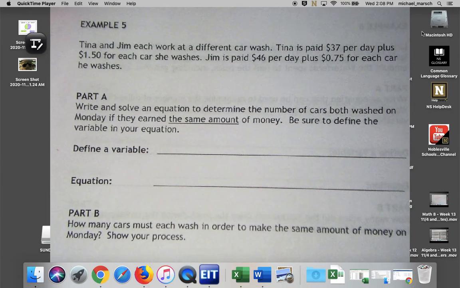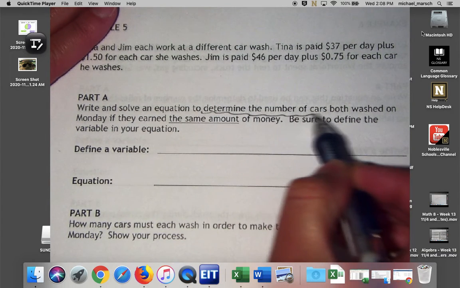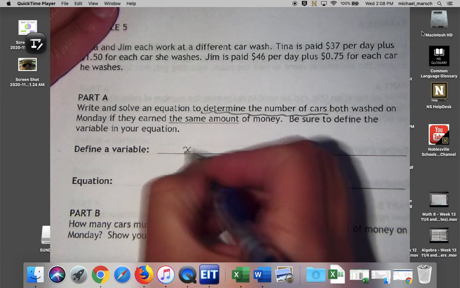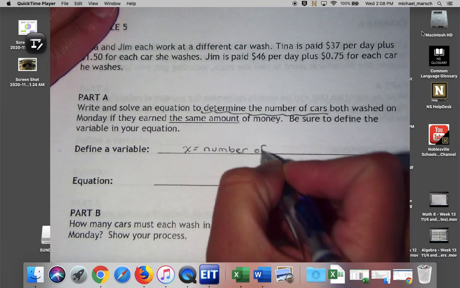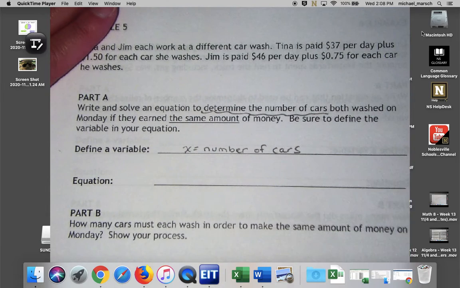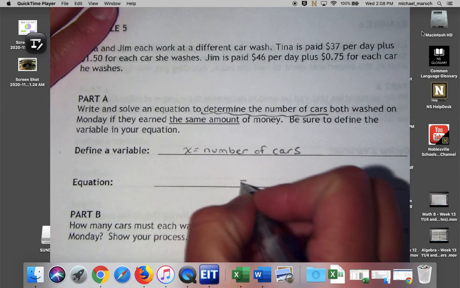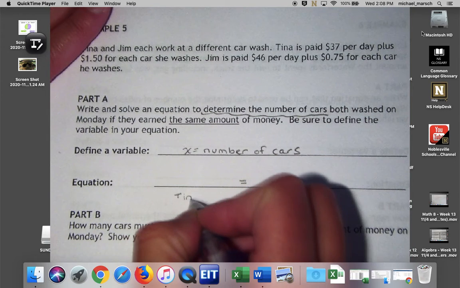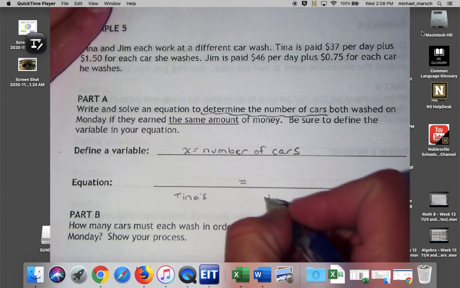So we're going to write and solve an equation to determine the number of cars. So that's going to be our variable. Both washed on Monday if they earned the same amount, right? So that means I'm going to have Tina's work situation on one side equal to Jim's.